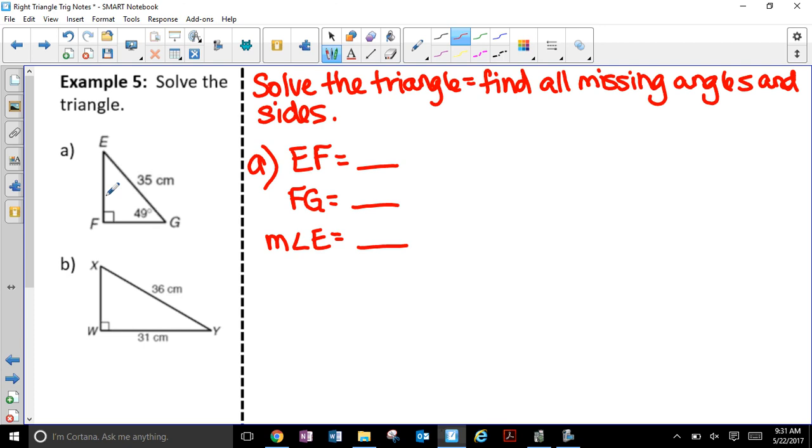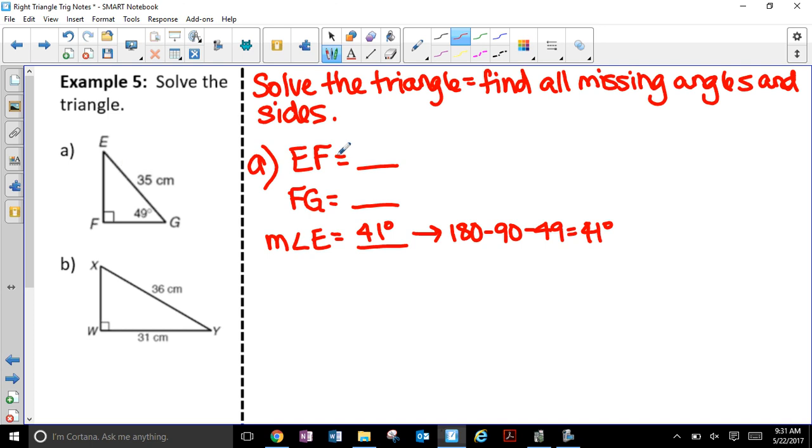So to find this one, I'm just going to do 180 minus 90 degrees minus 49 degrees, and that's going to give me the measure of angle E, which is 41 degrees. So if they give you two of the three angles inside a triangle, then subtract them from 180 because the three angles in a triangle must equal 180.